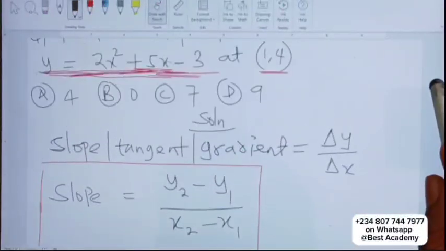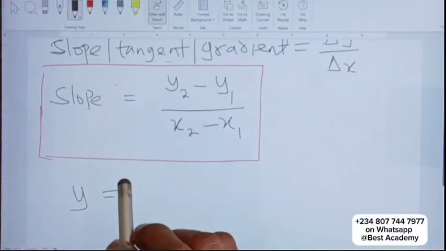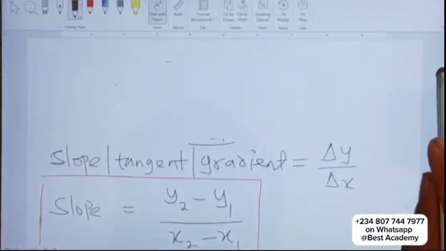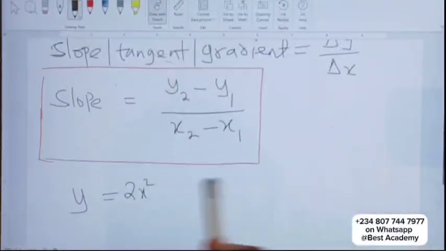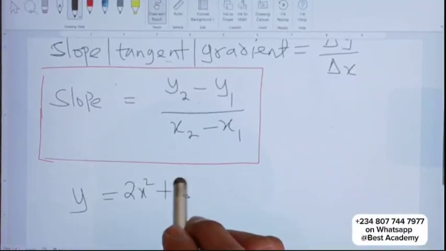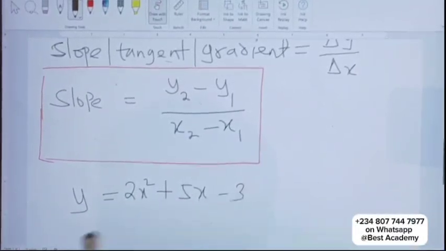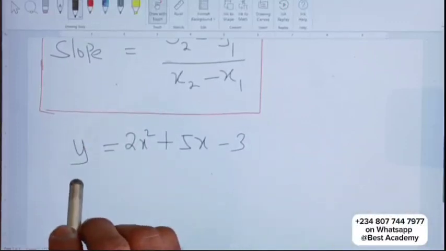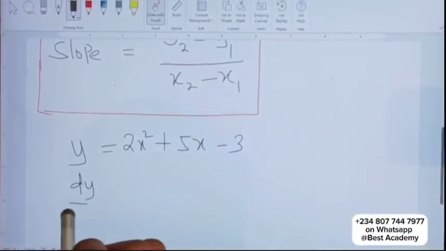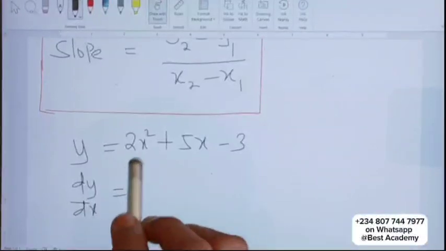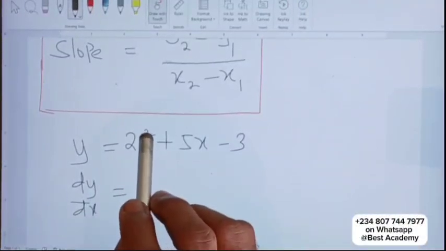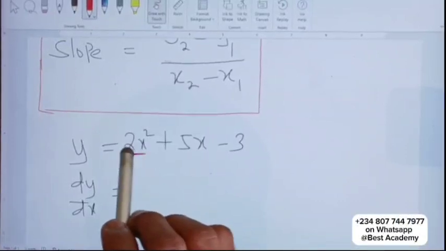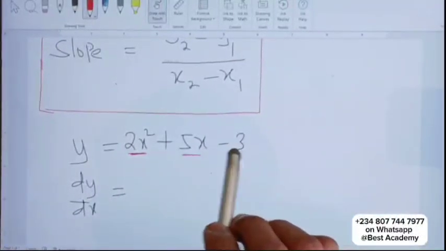So y is equal to 2s squared plus 5s minus 3. Now let's try to find the dy ds of this. dy over ds here will be equal to, please try to understand this: this is a monomial, this is a monomial, this is a monomial.